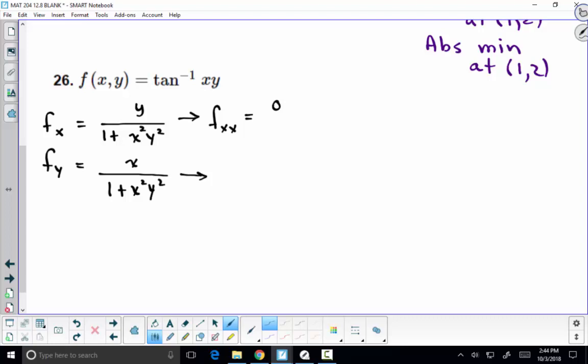We're doing f sub xx, so low partial high is 0, minus high partial low with respect to x, 2xy squared, all divided by the denominator squared. In the numerator, we could simplify that to minus 2xy cubed.